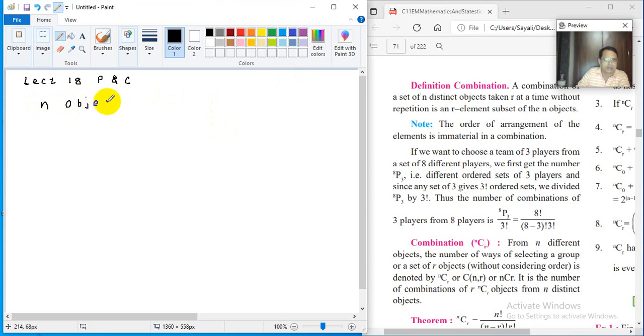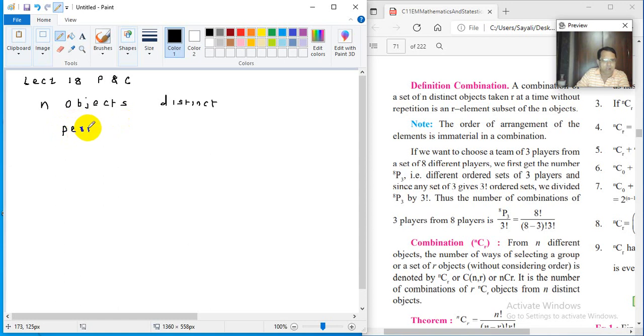So there are n objects and we have to make their permutations. Now suppose first we assume that the objects are all distinct. In this case, n objects are distinct and you are permuting all the n objects taken together.